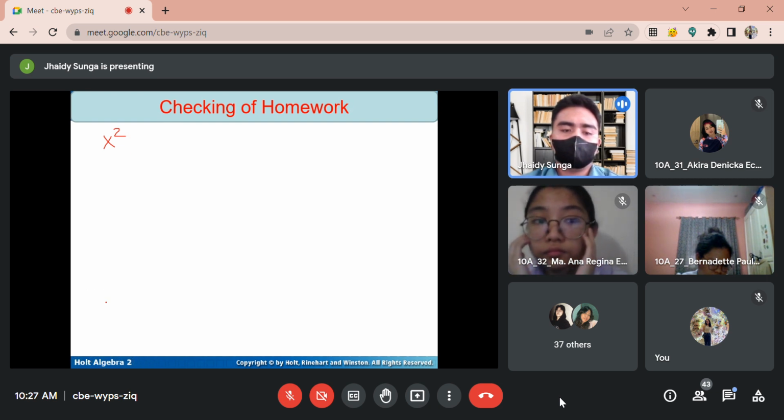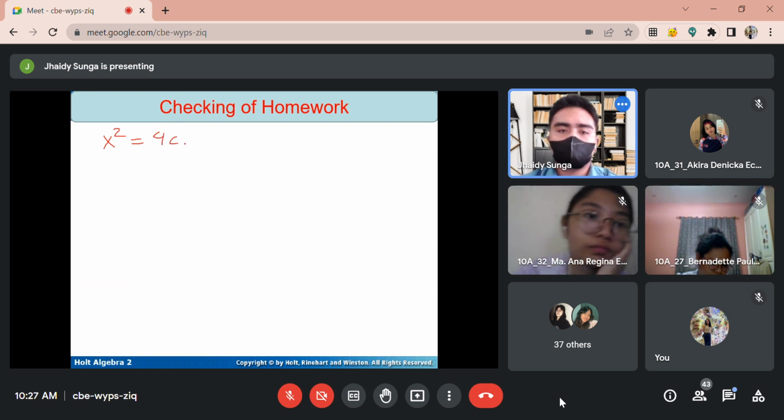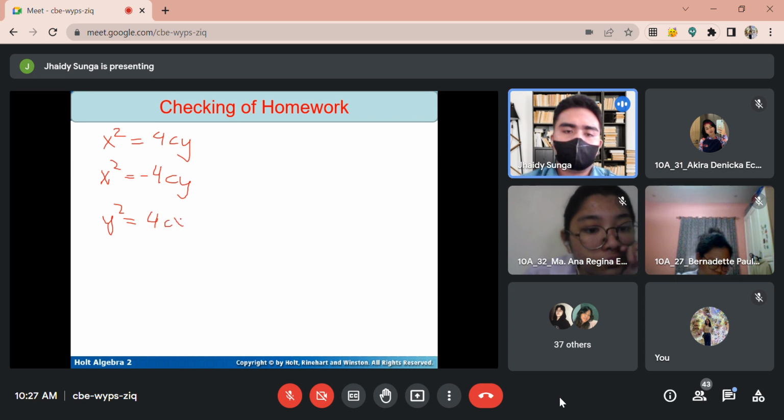This is the standard form first. x squared is equal to 4cy. Sometimes it is x squared is equal to negative 4cy. This is from the table, ha? And y squared is equal to 4cx. And y squared is equal to negative 4cx.